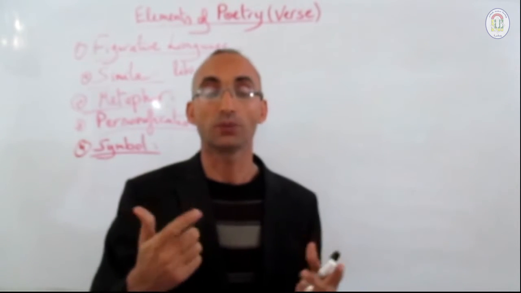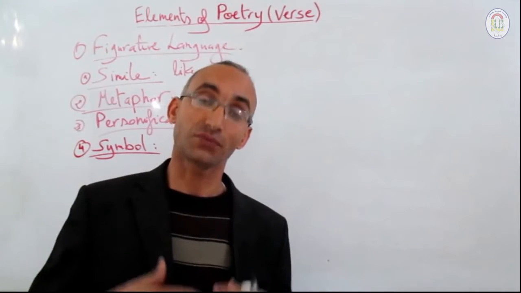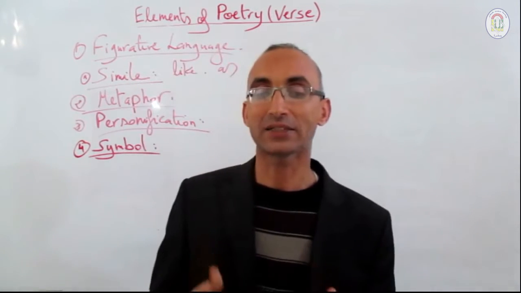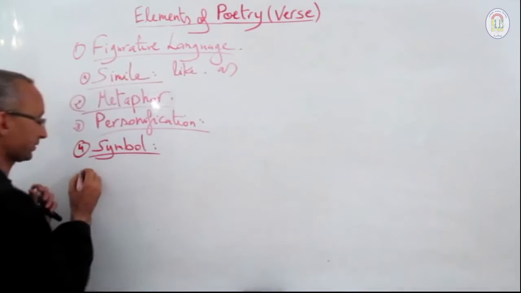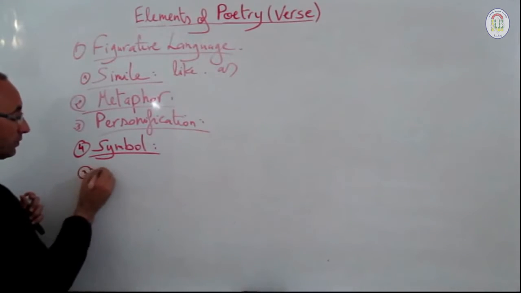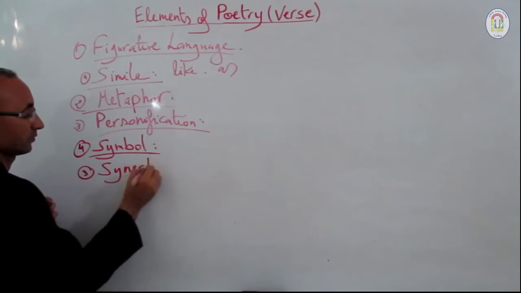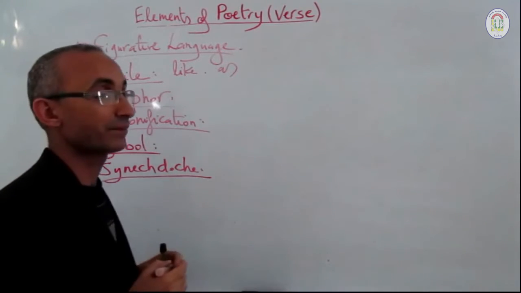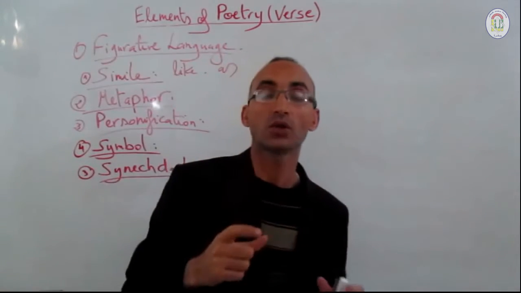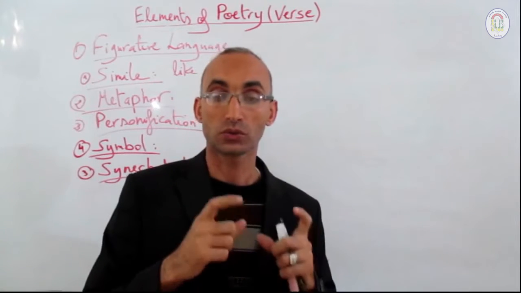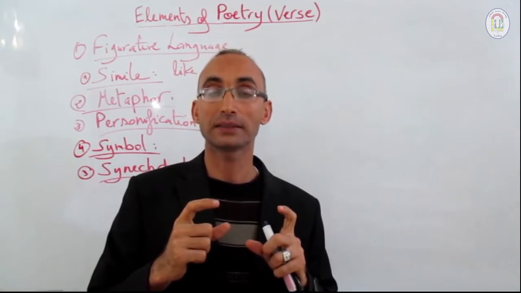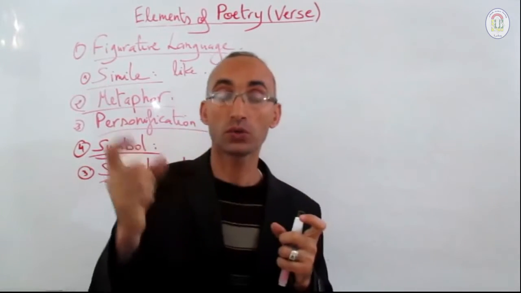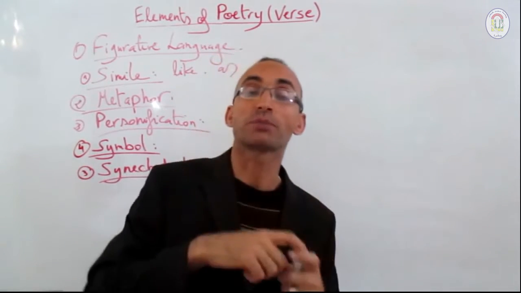Okay, for hope. Also, we have another figure of speech which is called Synecdoche. It's a bit strange term. Here, when we say Synecdoche, we mean when the part refers to the whole, or the whole refers to the part.